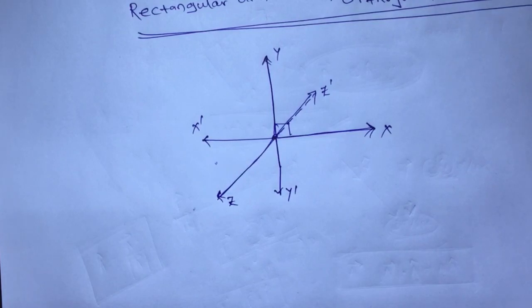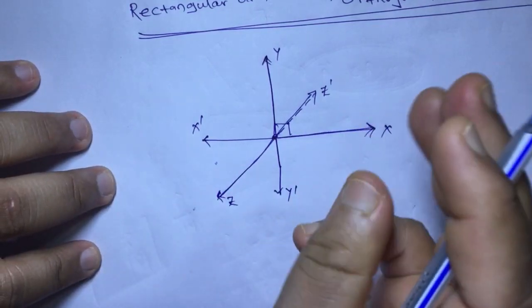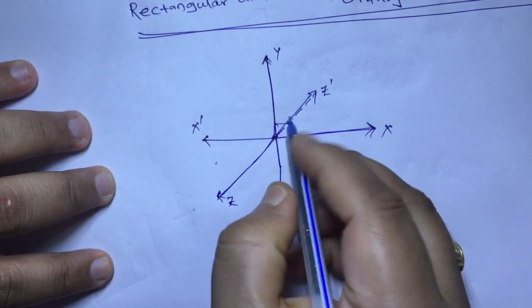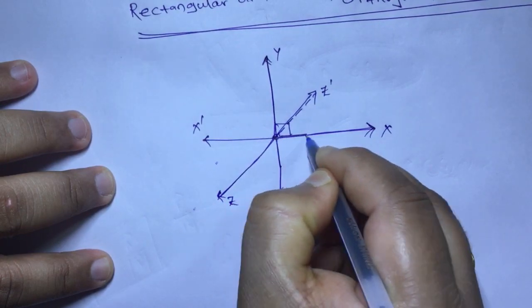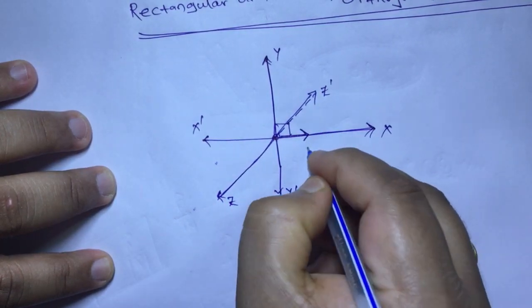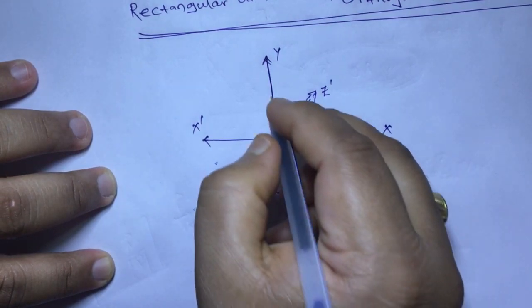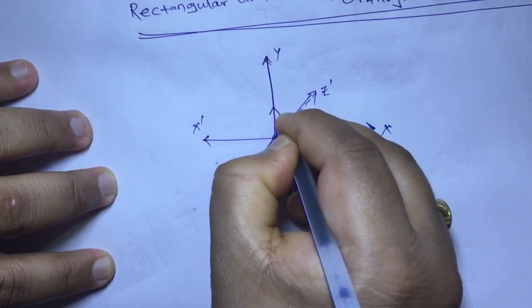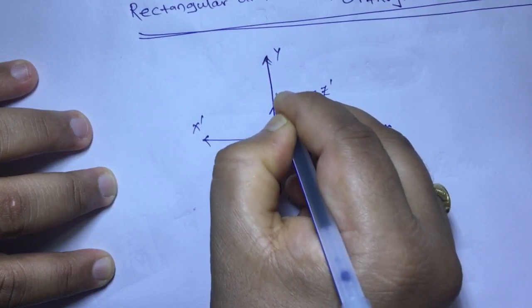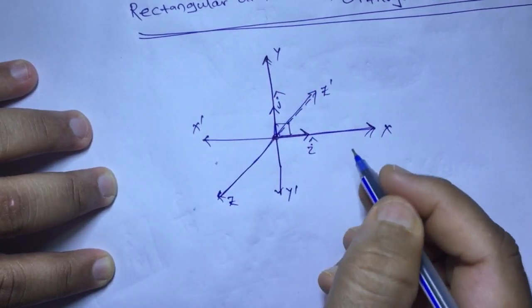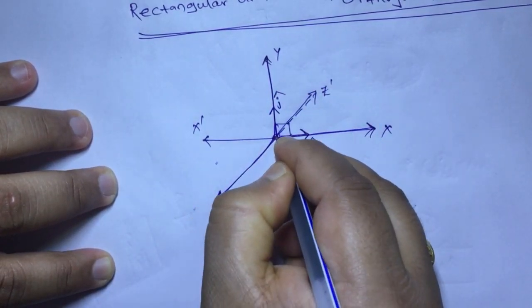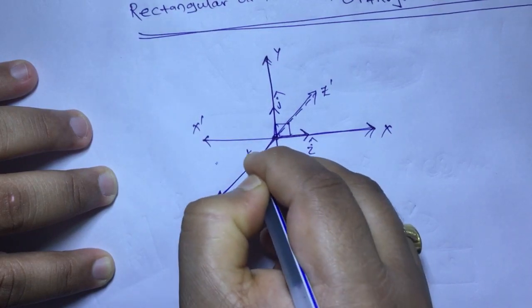Okay. Now, we want to define 3 unit vectors. A unit vector along the x axis, I want to write as I cap. A unit vector along the y axis is defined as j cap, and a unit vector along the z axis is defined as k cap.